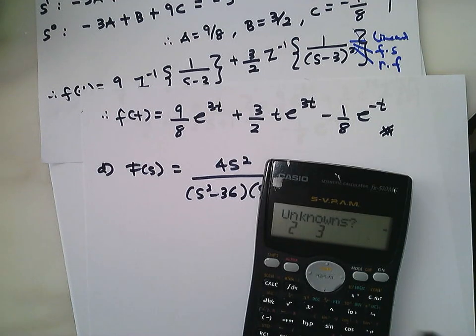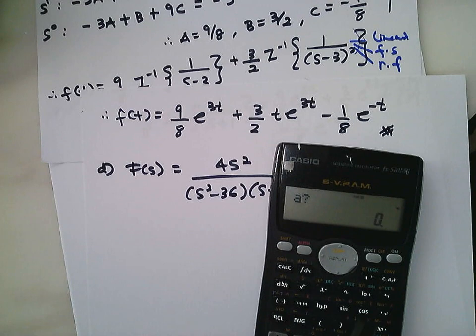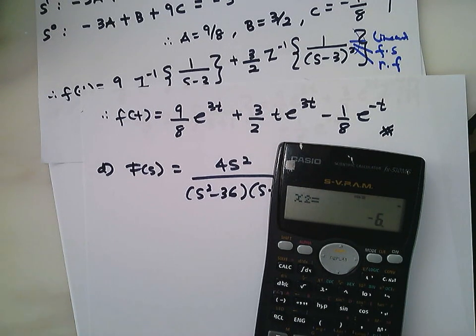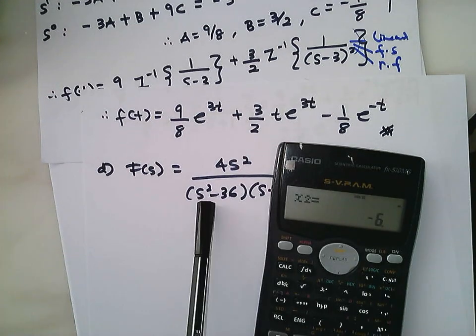Equation degree 2, so your a is equal to 1, your b is equal to 0, your c is equal to negative 36. As you can see, you have x1 equal to 6 and x2 equal to negative 6. So this one will be a linear factor.